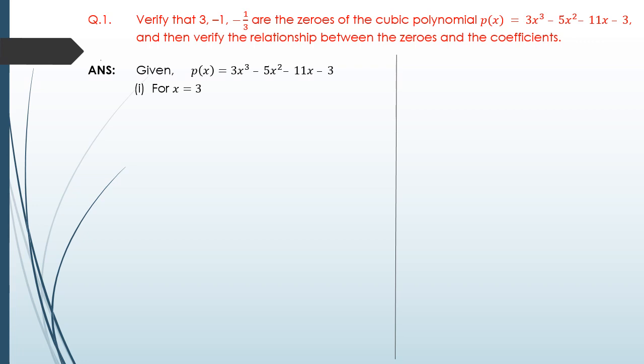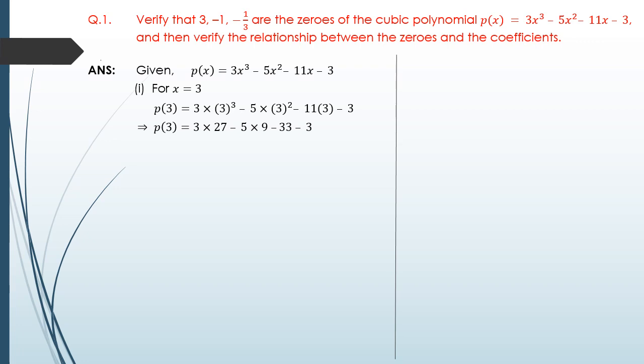If we replace x with 3 in the given polynomial, then we will get it like this. Wherever x is there, x will be replaced by 3 at all the places. So we'll get 3 into 3 cube minus 5 into 3 square minus 11 into 3 minus 3.